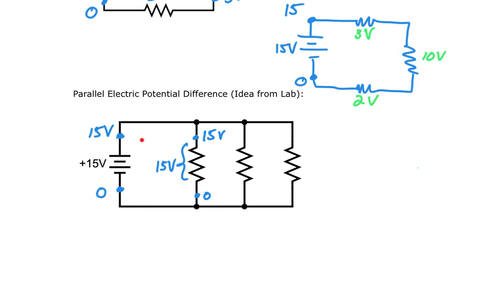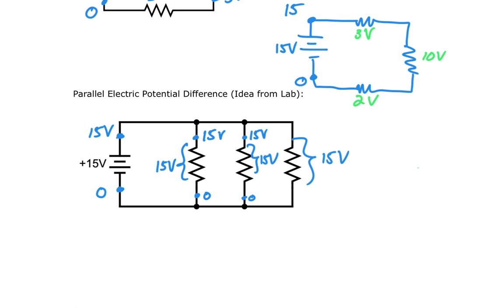We said a parallel circuit is just multiple circles. So I have this circuit, and now I'm going to go from here all the way to here. Again, I'm going to see that this must be a 15-volt electric potential, and this must be 0. So again, the electric potential difference across that component is 15 volts. And I bet you can see that this one must be 15 volts as well.